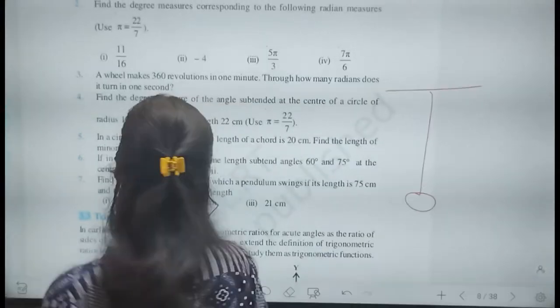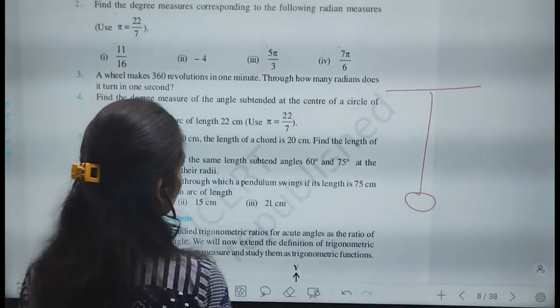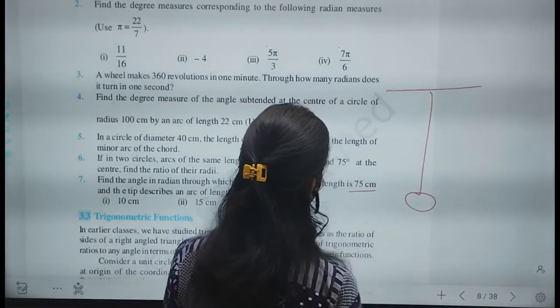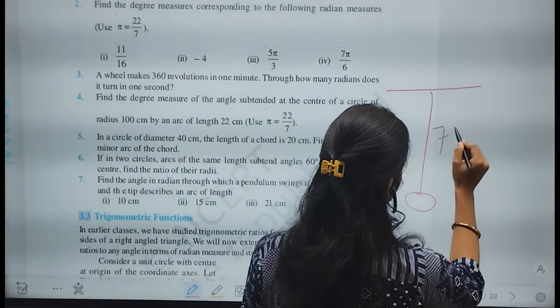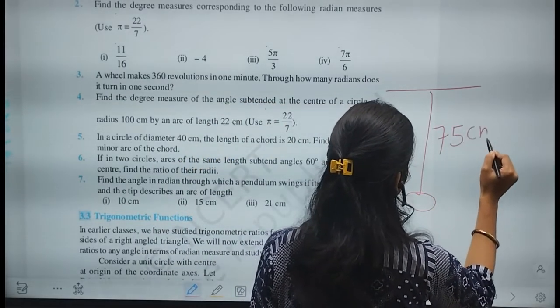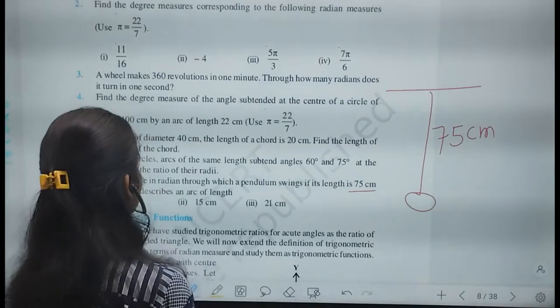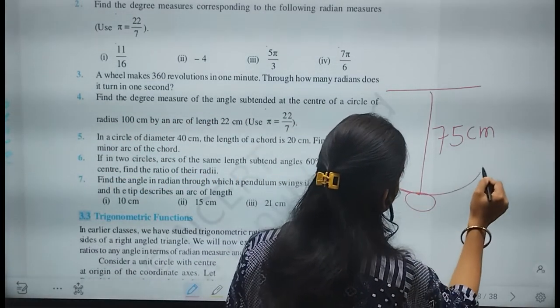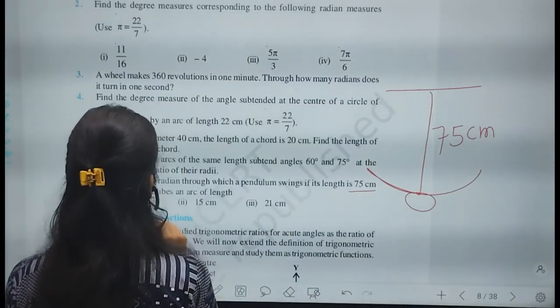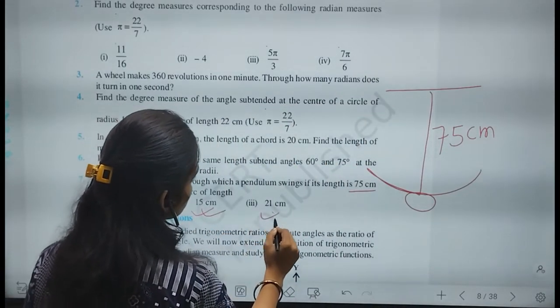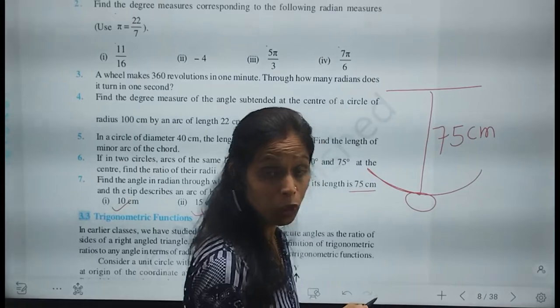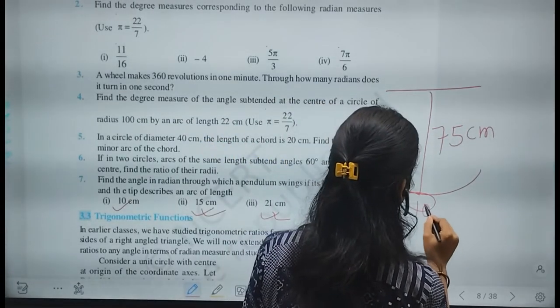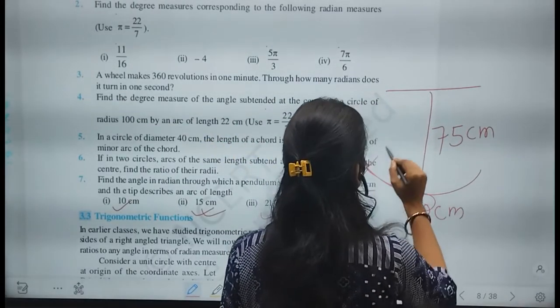This is a pendulum, and the length of the pendulum is 75 meters, and the arc lengths are first 10 centimeter, 15 centimeter, 21 centimeter. So I am going to find out for the first, 10 centimeter.